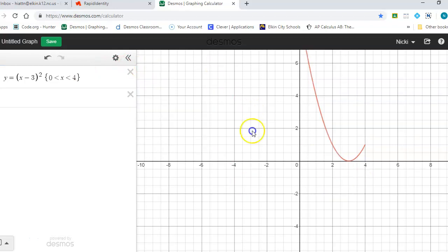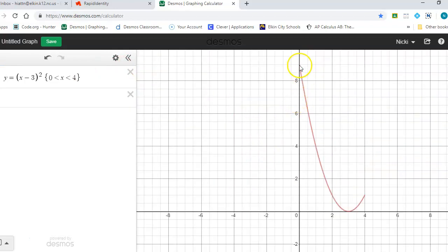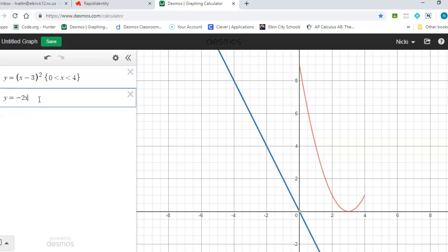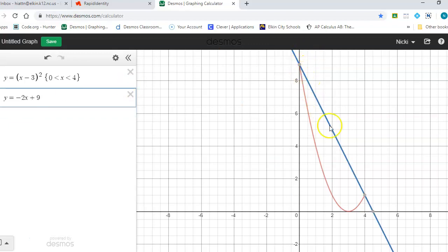Okay, so right there is the graph that we're looking at. So we're looking at the slope through these endpoints, which is the line y equals negative 2x plus 9.